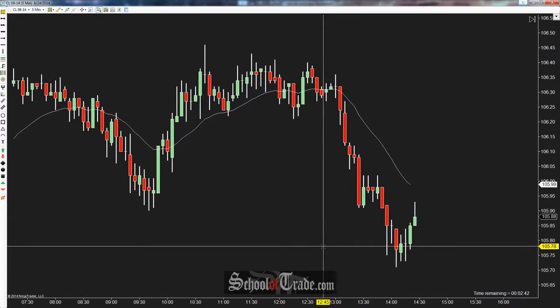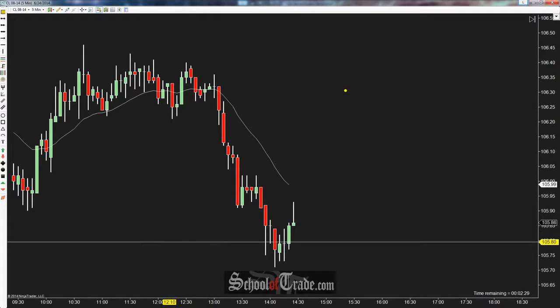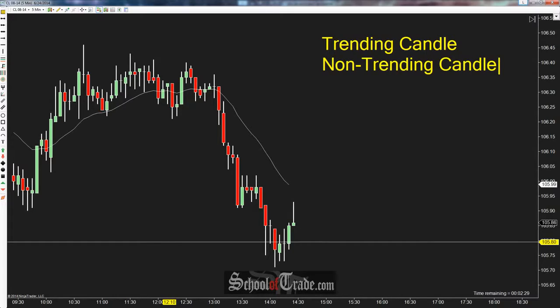Taking a look at the candlesticks, there's a couple different ways you can look at them. Yes, you can use patterns like dojis and haramis and all these different candlestick patterns, but in reality, if you break it down, it really comes down to looking at candlesticks in basically 2 different ways. You either have a trending candle or a non-trending candle. And that's really all you have.